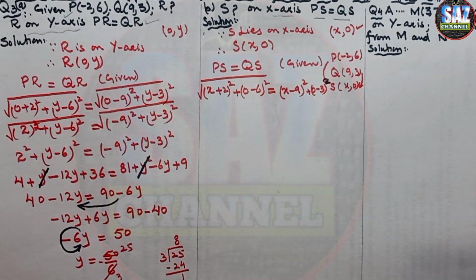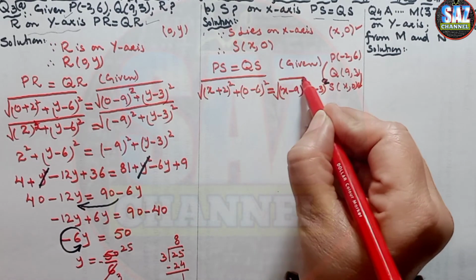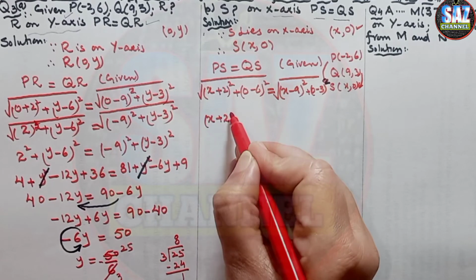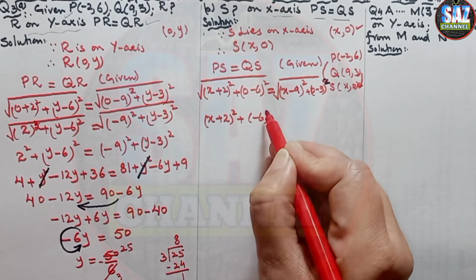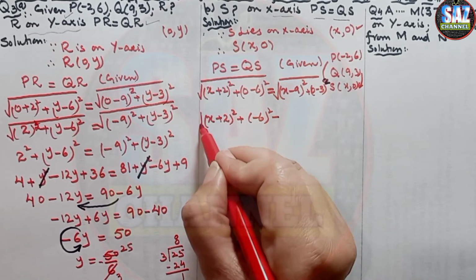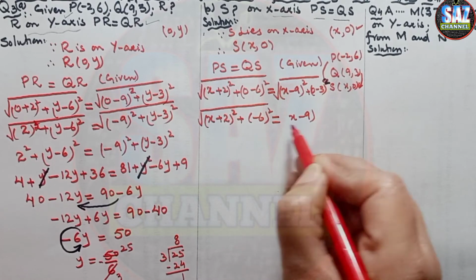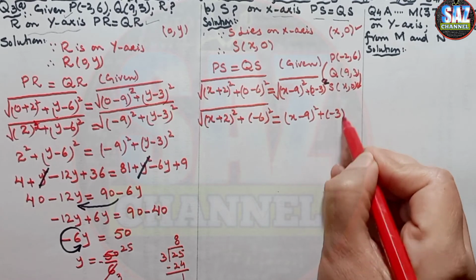Then I put the square root symbol, and after that x plus 2 whole square as it is, and 0 minus 6 will give me minus 6 square, square root, equals to x minus 9 whole square plus minus 3 square.